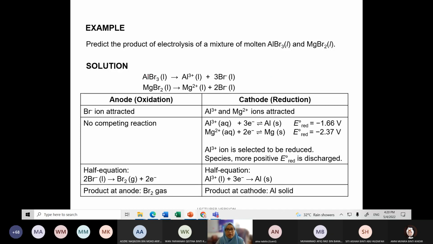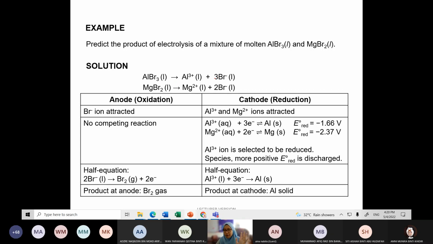Okay, alright. So make sure that you know how to write the equation for the dissociation of the salt. Okay, so we have two salts there, AlBr3, MgBr2. So these two will dissociate into Al3+ and 3Br minus. Make sure it is balanced.